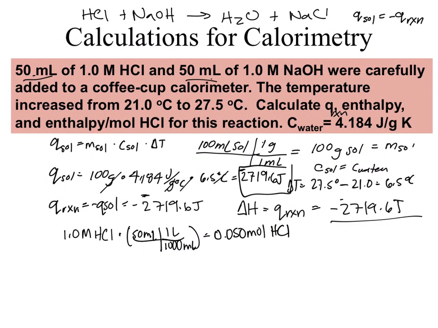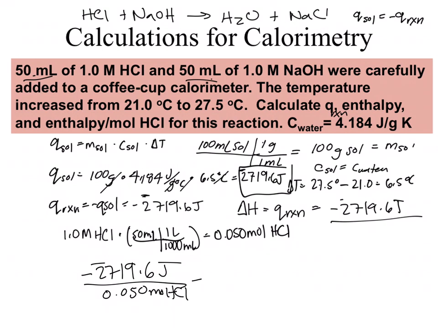Then we can find our enthalpy per mole of HCl by taking our enthalpy value and dividing it by our moles of HCl. And that's going to give us the following value.